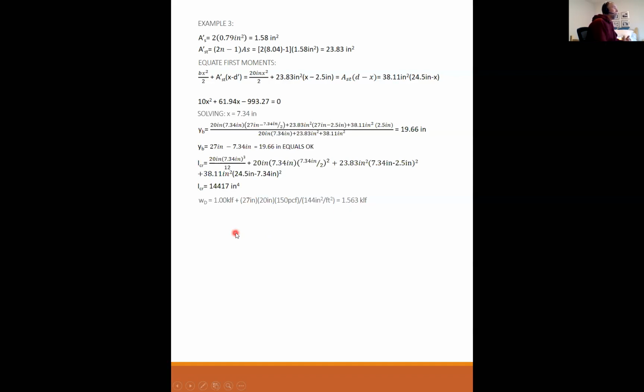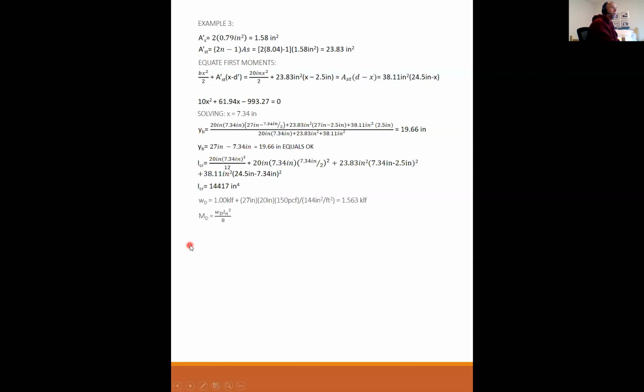I will tell you in a problem: if I just say the dead load's 1 kip per foot, assume that the self-weight is already in there. But if I tell you 1 kip per foot, not including self-weight, then do this quick little calc right here to add the self-weight to it.